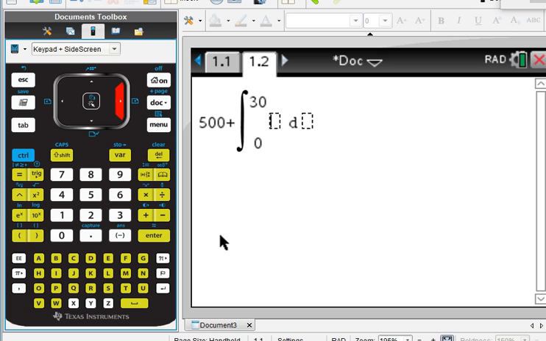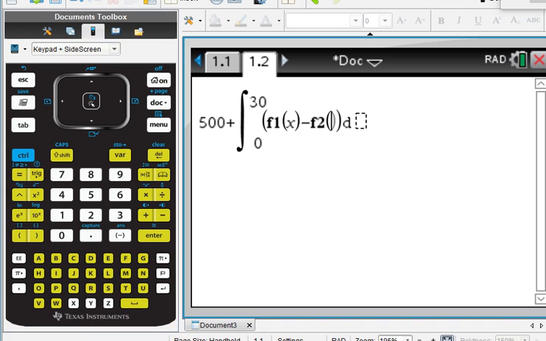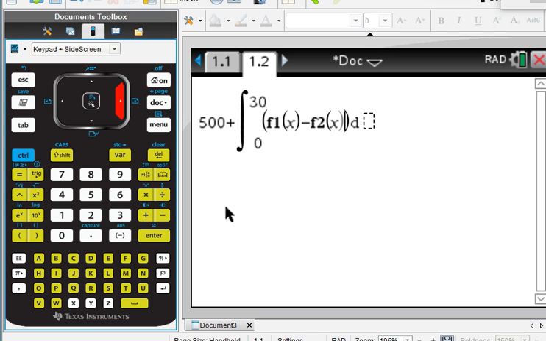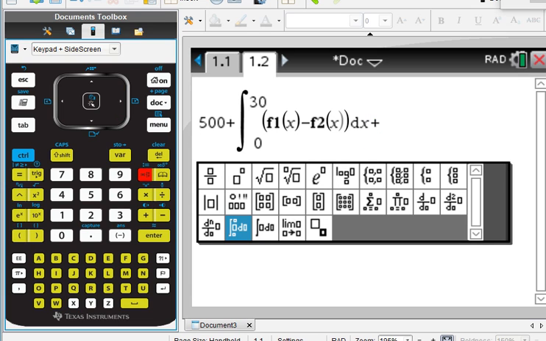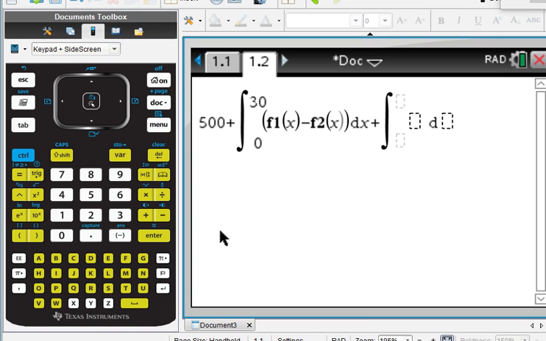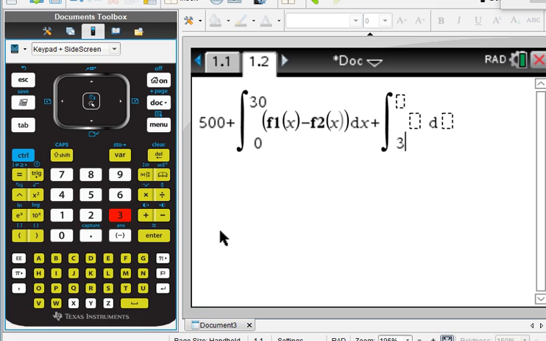And this was y1 minus y2, so our f1 in this case of x minus f2 of x. And then you put x here again. The newer 84s look like this format basically, except it'll be y1 minus y2. And then go out of the integral with the right arrow, then plus integral from 30 to 50.